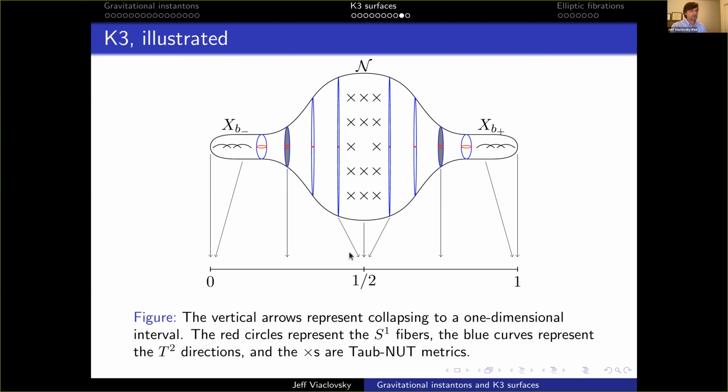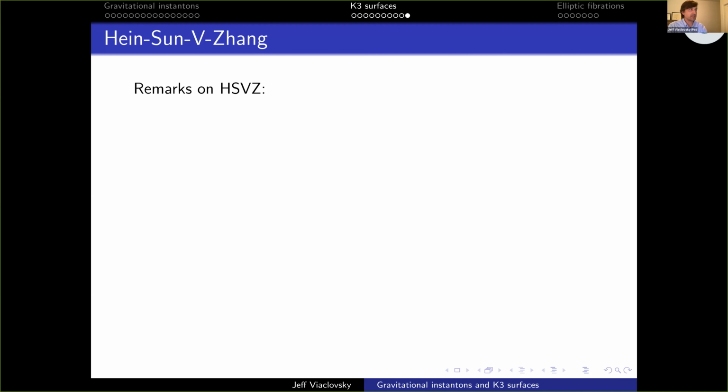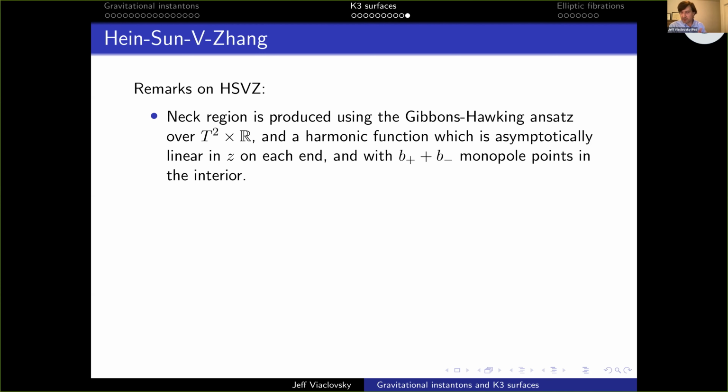Okay, so let me just make a few remarks, running low on time here. This neck region we produced by the Gibbons-Hawking ansatz over T^2 times R. The Gibbons-Hawking ansatz uses a flat base. And we found a harmonic function which is asymptotically linear in z on each end, and with b plus plus b minus monopole points in the interior.